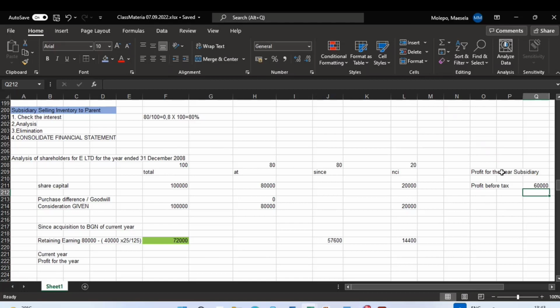Then we less income tax expense of how much?